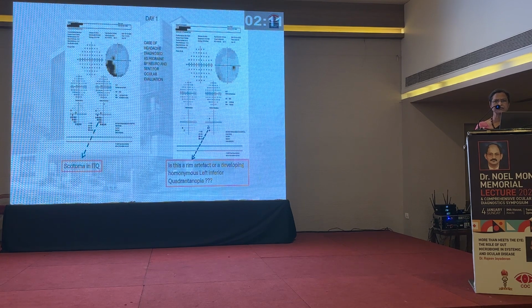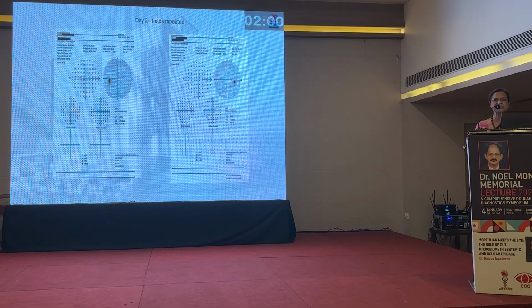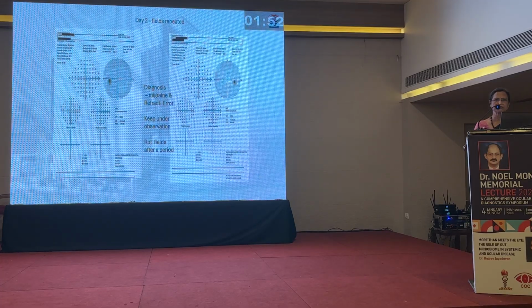Is this a rim artifact, or is it a developing homonymous field defect? Because it did not fall into the whole clinical picture, we repeated the fields the next day, and the fields were completely normal. So the diagnosis remained as migraine. The patient is just being kept under observation. Maybe we will repeat the fields after some time.